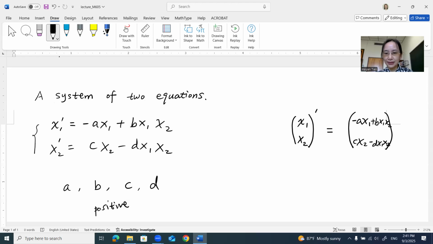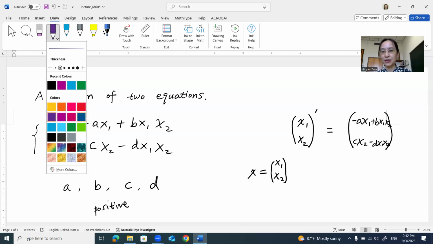So now we can recognize the form by simply defining this vector x. If our vector x has two components, right? x1, x2, x1 as a function of t, x2 as a function of t. So then we can rewrite the same system.